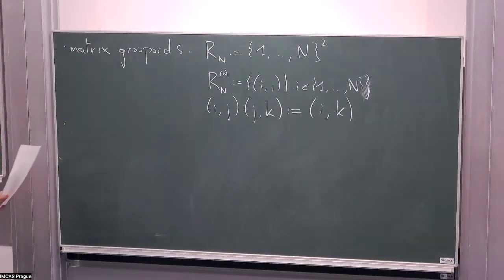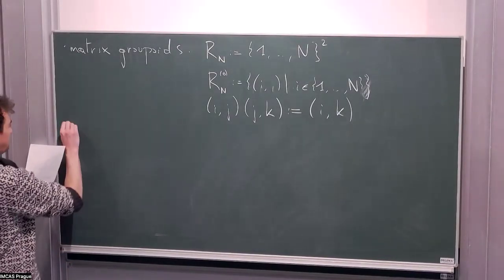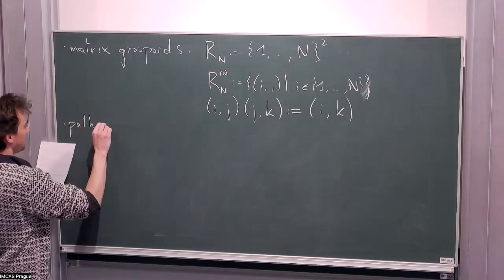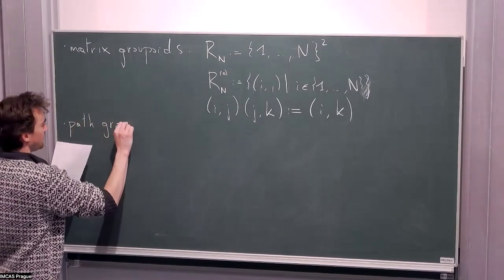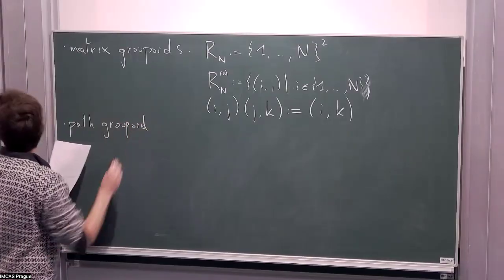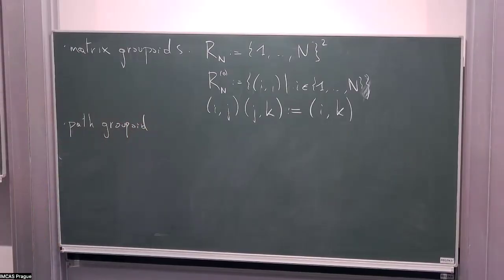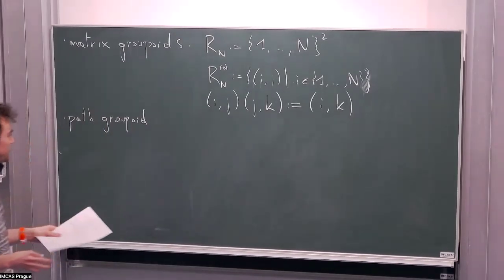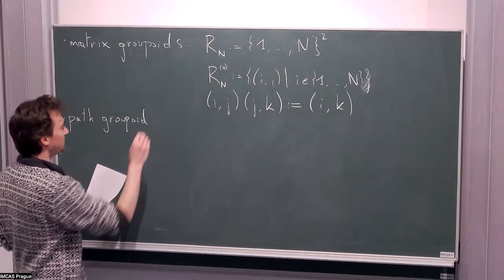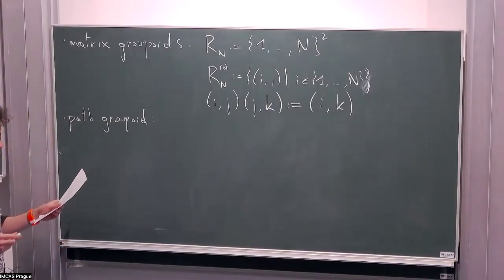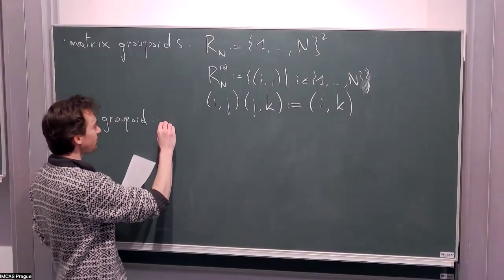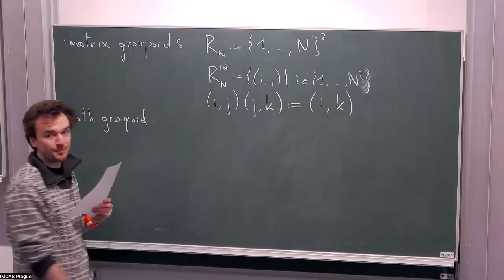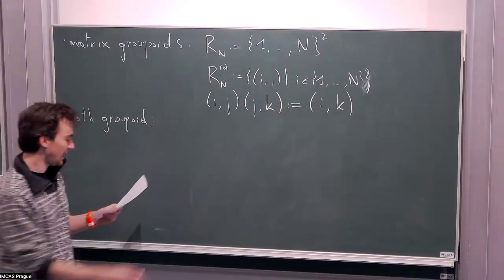All right. Then one more example. And now we get to the second part of my title, what I'll call the path groupoid. So this is constructed from a graph.